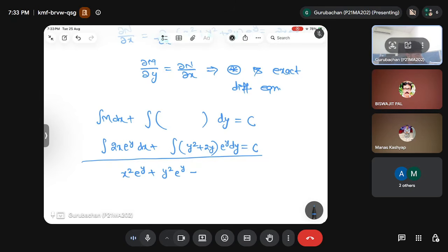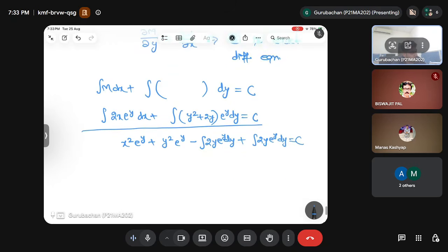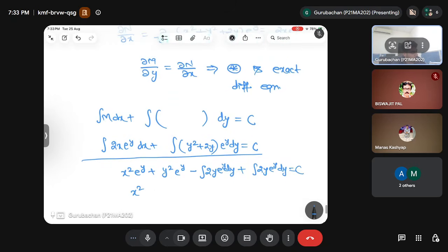We can stop at this point: this will become 2y e to the power y dy, plus you have a term minus 2y e to the power y dy, equal to constant. This will cancel out and you will get (x square plus y square) e to the power y equal to constant. This is your general solution of the differential equation.